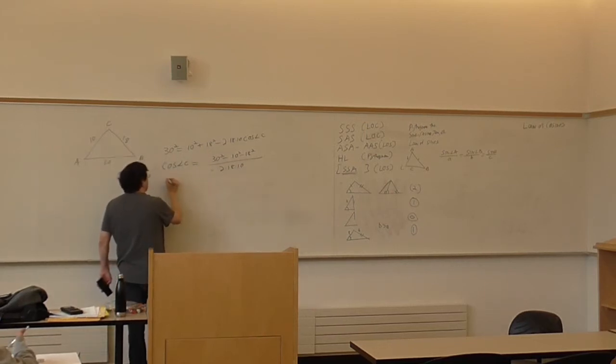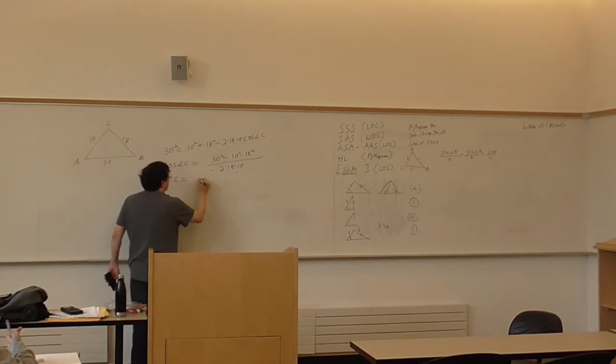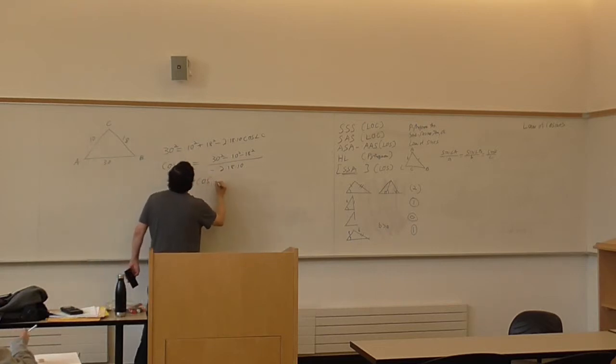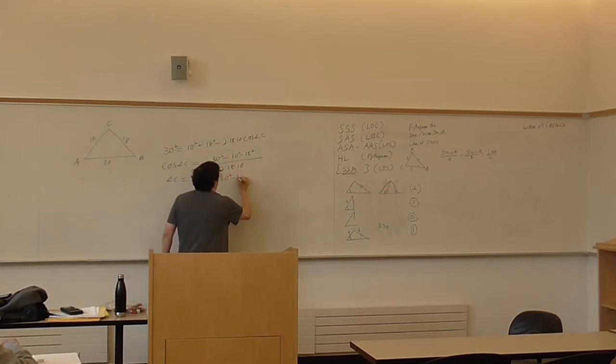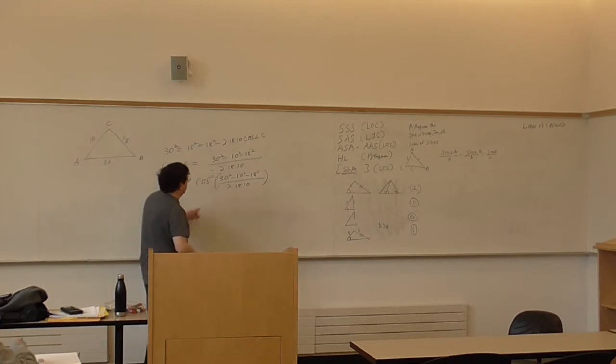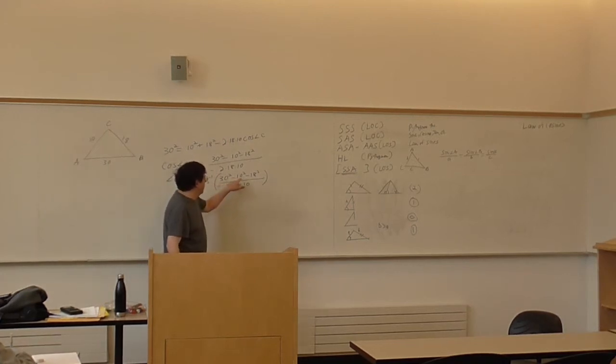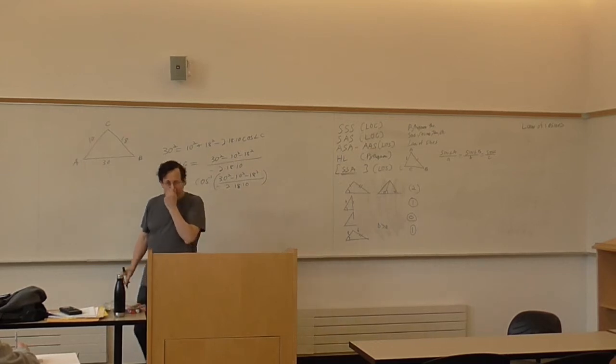So for the angle, I want the inverse cosine of this. Everyone who has a calculator, take it out and plug these numbers in: 30 squared minus 10 squared minus 18 squared, divided by minus 2 times 18 times 10, and then find the inverse cosine of that.